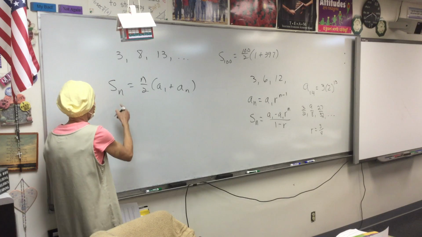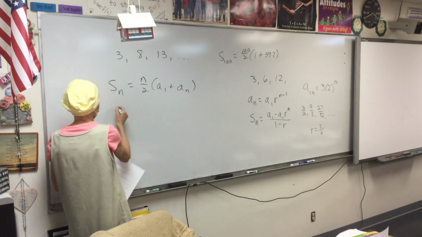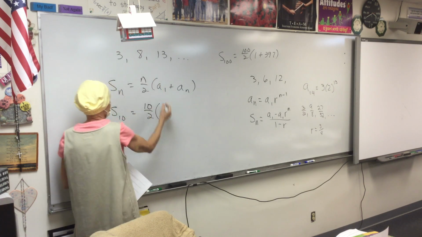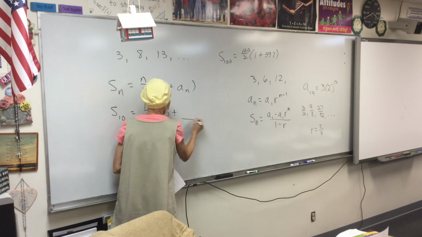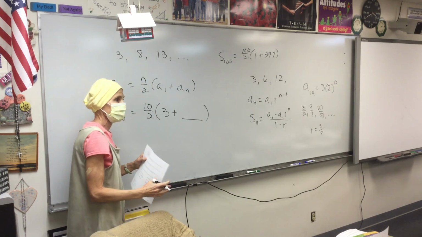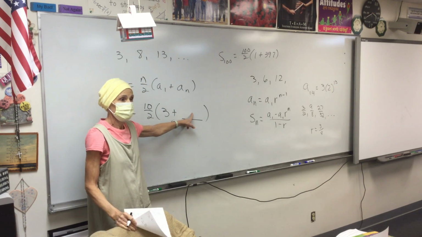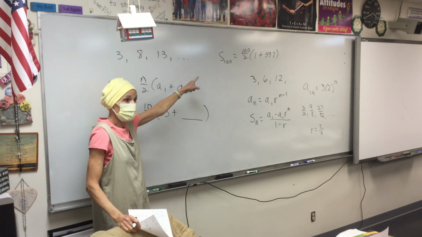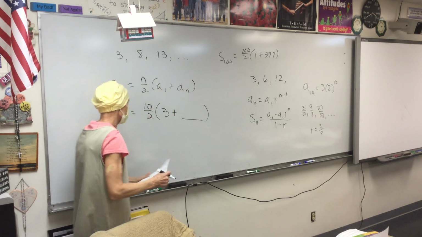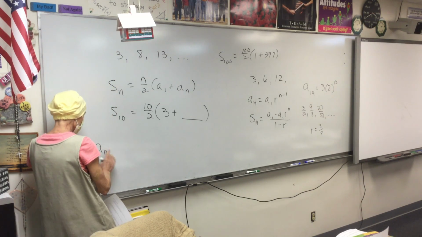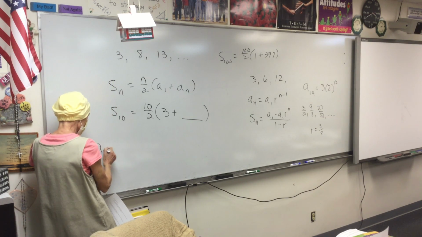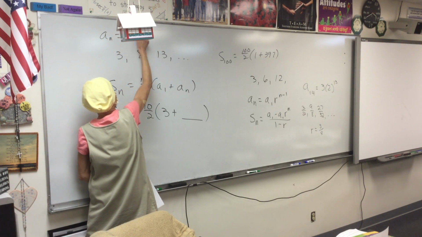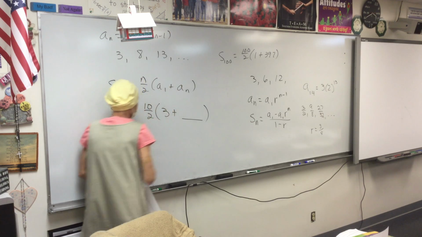So here we go. I want to add up how many games? 10? So that's 10 over 2. Her first game was 3. Oh, shoot, this is another example. What goes here? The 10th game, which I don't know. So over to the side, I'll do the 10th game. And the 10th game, that formula is this.